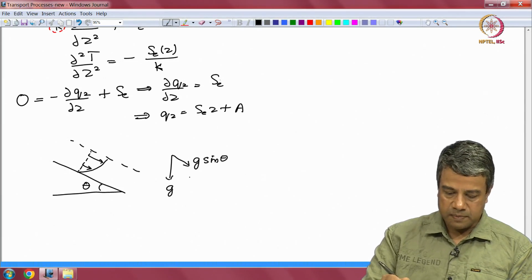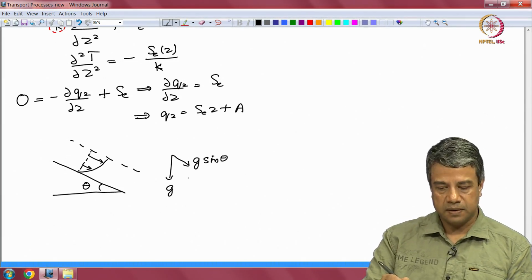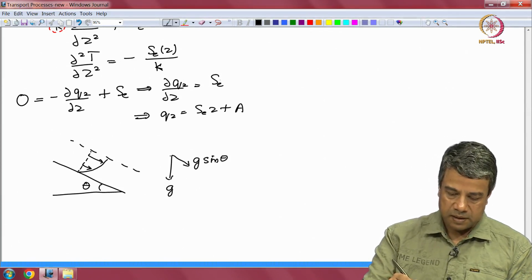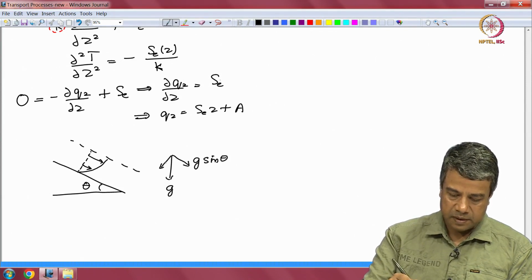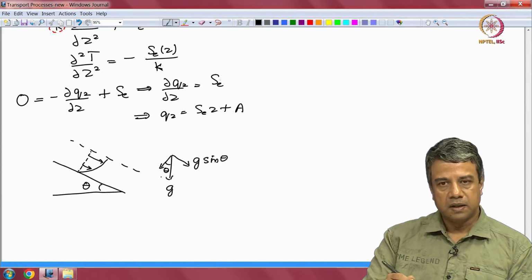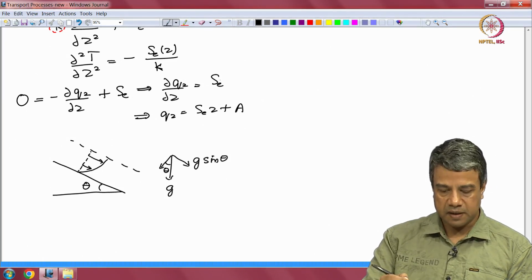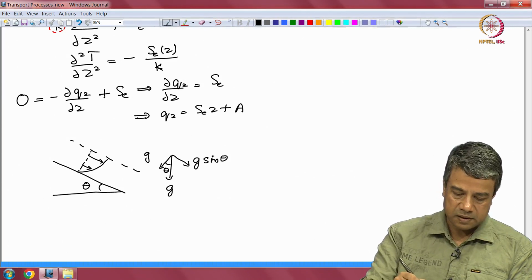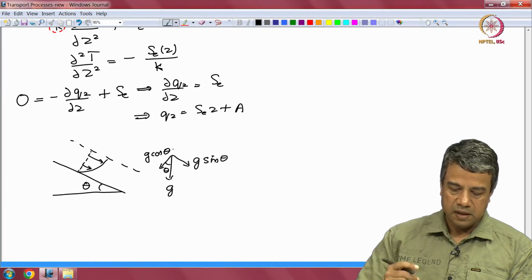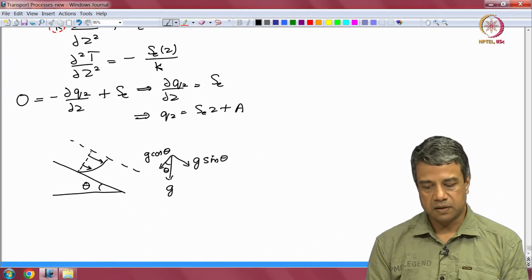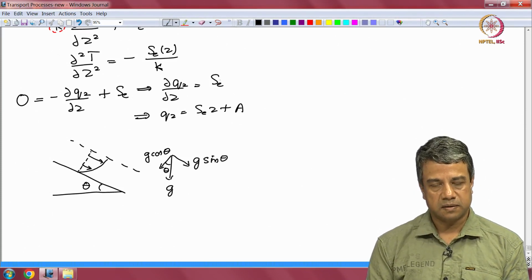If the plane is inclined at an angle theta to the horizontal, then the angle between the vertical and the perpendicular to the plane will be theta. So, the component of the acceleration perpendicular to the plane is going to be equal to g cos theta. The component of the acceleration along the plane is going to be g sin theta.